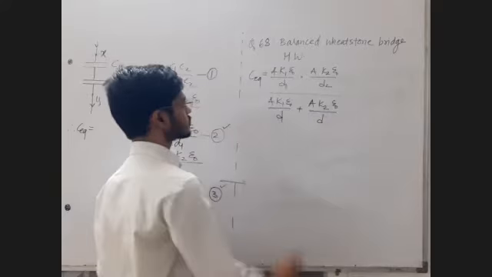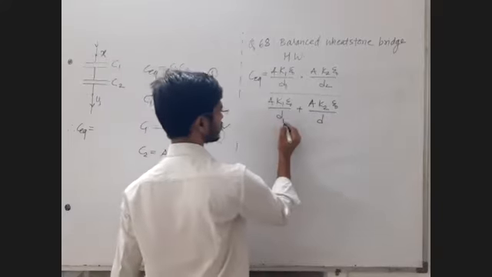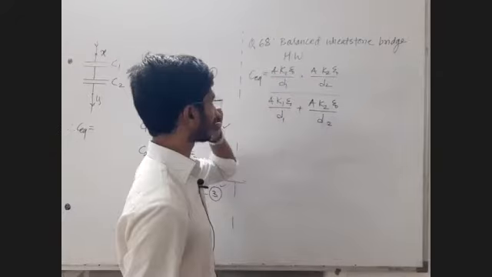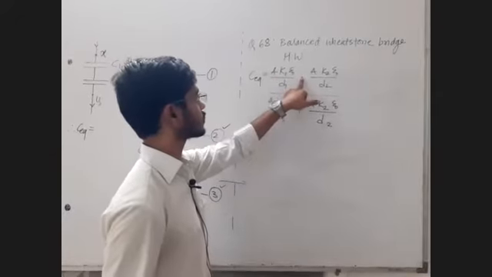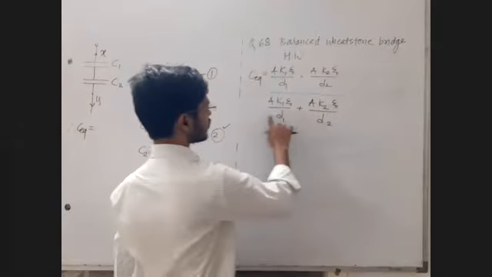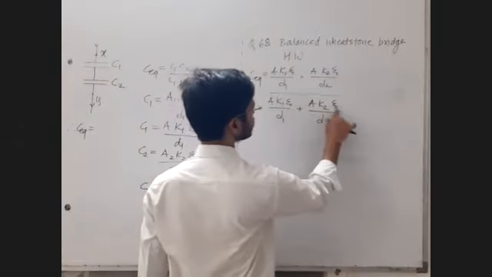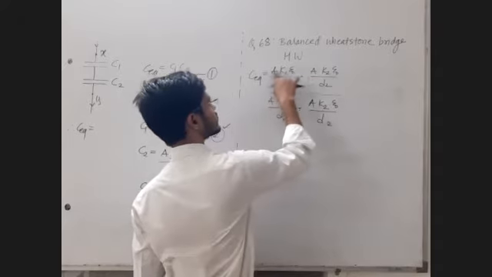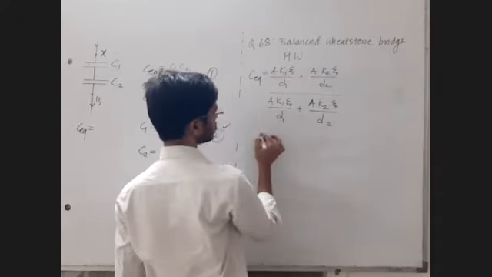Now what are the things that you can take common? You can check A epsilon 0. In the numerator there is already a multiplication sign, so no need to take anything common. Here in the denominator you can take A epsilon 0 common, and it cancels with one of the A epsilon 0.